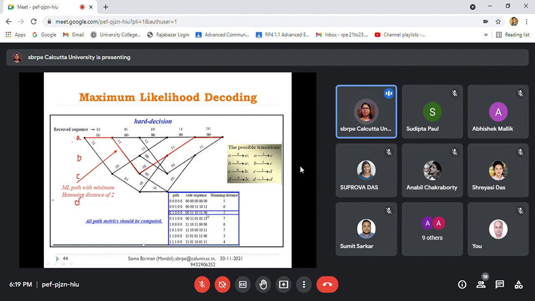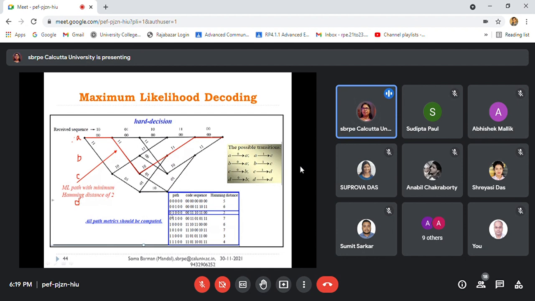Again 1 1 to 0 0, this is also the upper path. There should be another lower path here also. Because this is your node B, B 1 1, that is the upper path, goes to A. B goes to A is a 0 bit, so that is encoded as 0.